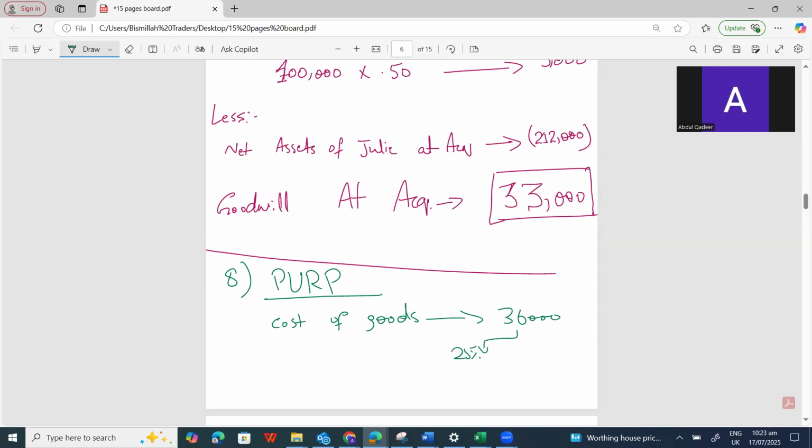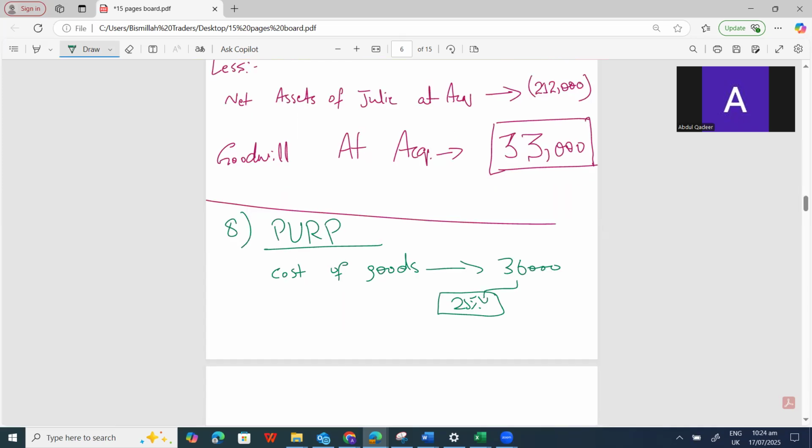So we have to calculate PURP only on this amount. 36,000 multiplied by 25% comes as 9,000, because the other 75% of the goods have been sold to the external party, so that profit has been recorded.